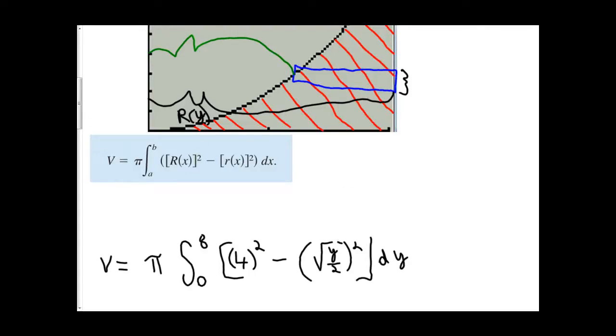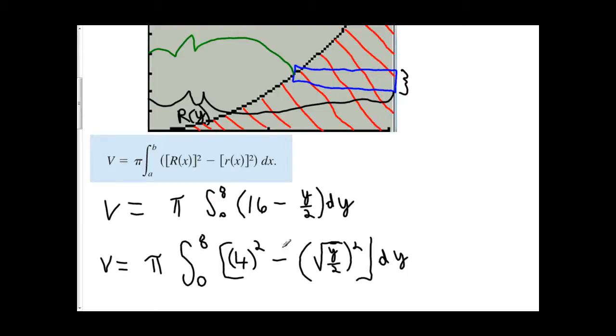So we get here that the volume is equal to pi times the integral from 0 to 8 of 4 squared, which is 16, minus, well, if you square the square root of y over 2, then you just get y over 2, dy.